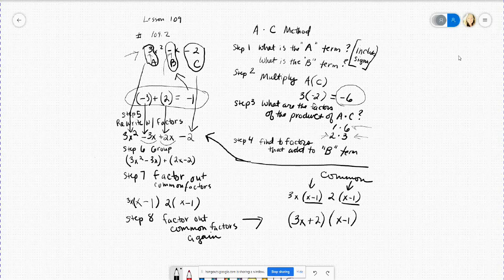Now the reason why we did this is because now that it's broken apart, we can use grouping to factor it. Because if you'll remember, when we factor trinomials, we don't factor things that have a coefficient in front of the x squared. We're used to factoring things that just say x squared plus something minus something.